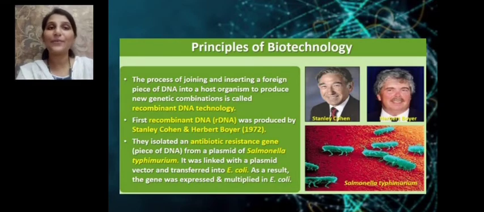And the first recombinant DNA, or rDNA, was produced by Stanley Cohen and Herbert Boyer. So these are the two scientists who produced the first rDNA. They isolated an antibiotic resistance gene, a gene which is able to give antibiotic resistance.